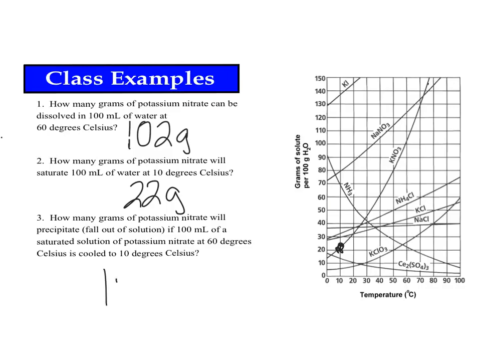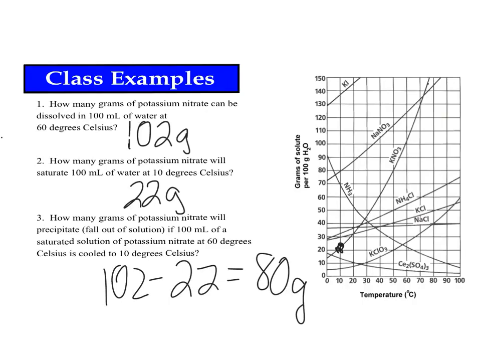So 102 minus 22 tells me that as it cools from 60 degrees to 10 degrees, 80 grams of potassium nitrate will actually fall out of solution. It will stop being dissolved, and it'll be sitting at the bottom of my beaker.